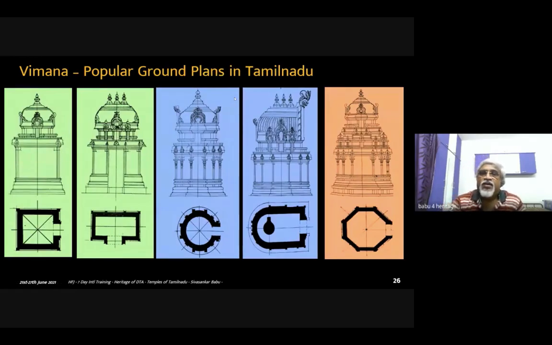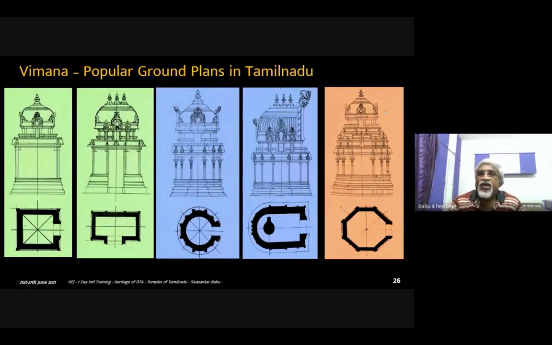In this aspect, I want to highlight some of the terminologies which are different between the Nagara structure and the Vesara structure. In Nagara, when you talk about Shikara, the Shikara is the entire component. But when it comes to Dravida, the Shikara means only this, the bulbous portion.